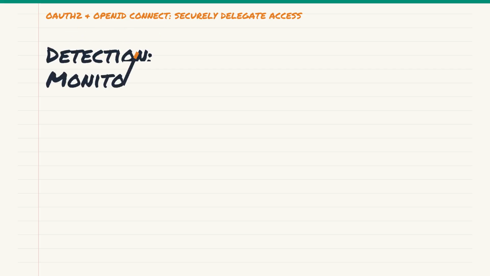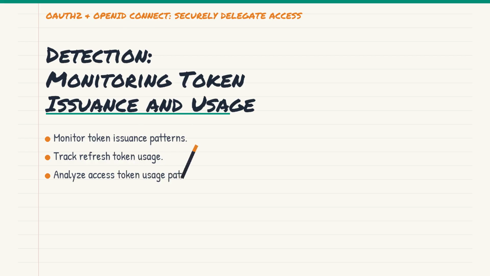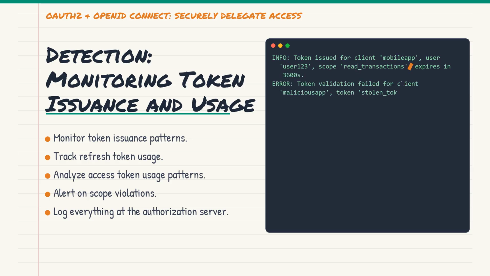How do we even know if something's going wrong? Detection is key. We need to monitor the issuance of tokens. Are there an unusually high number of new access tokens being generated? Are refresh tokens being used excessively to mint new access tokens? We also need to monitor token usage patterns.